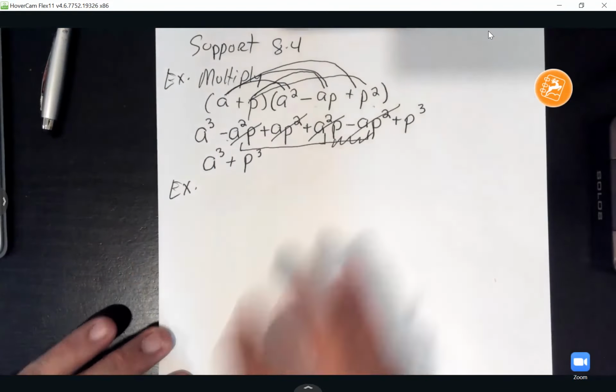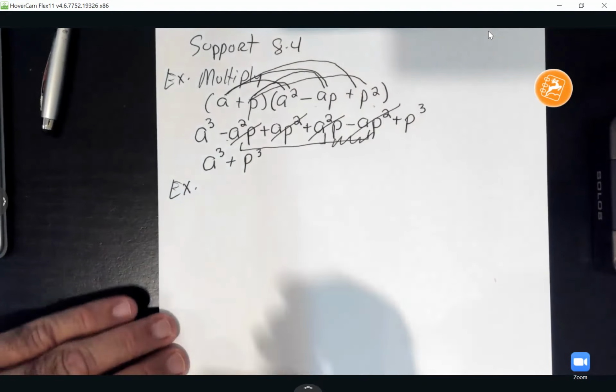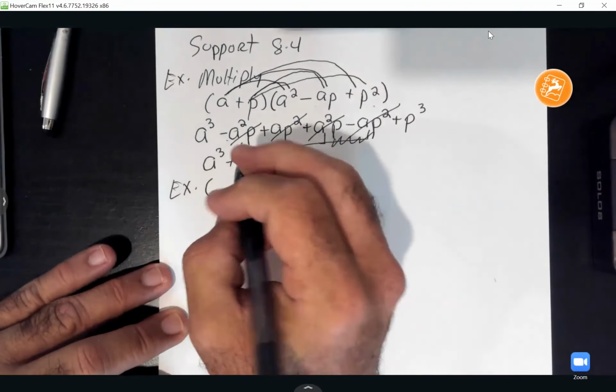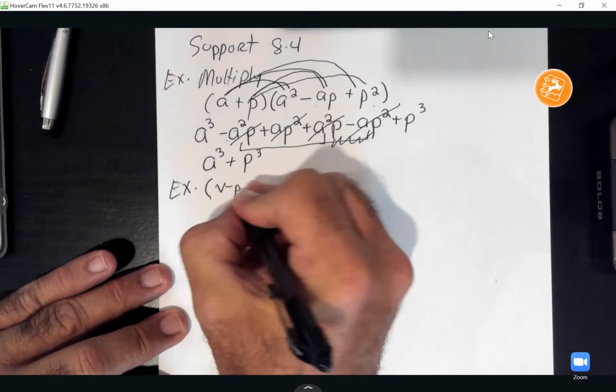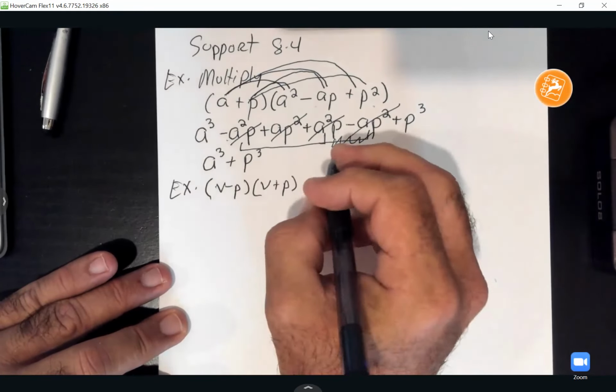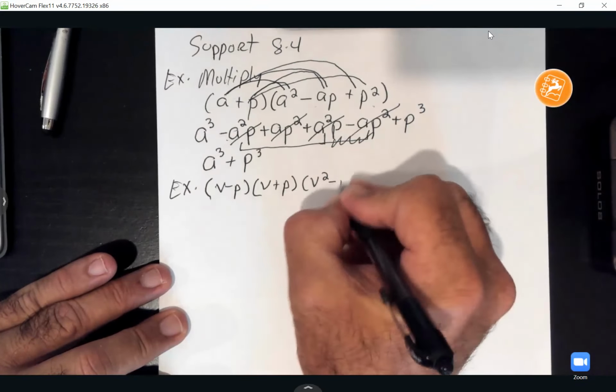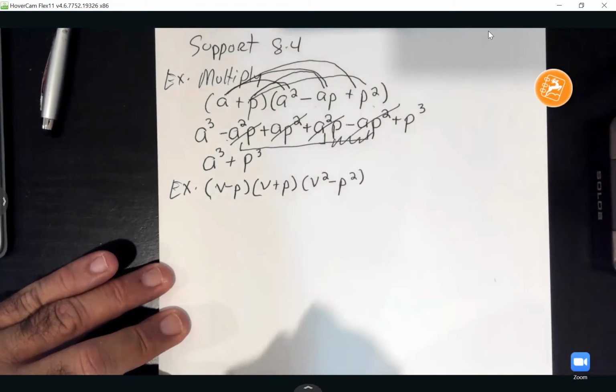So y'all, this was just getting you ready for foiling like I was doing today. All right, let me try this one. V minus p times v plus p times v squared minus p squared.